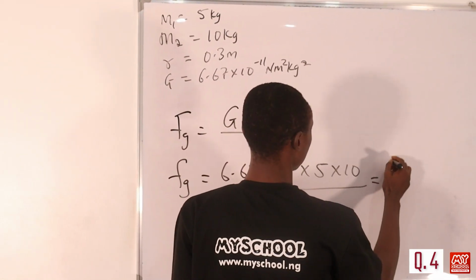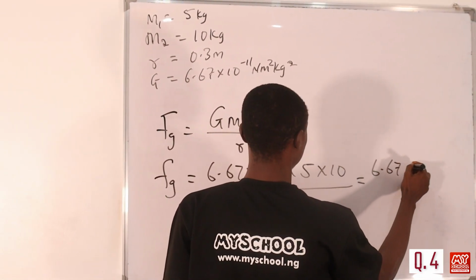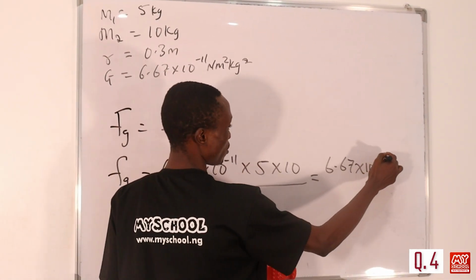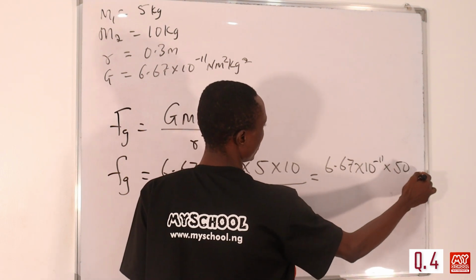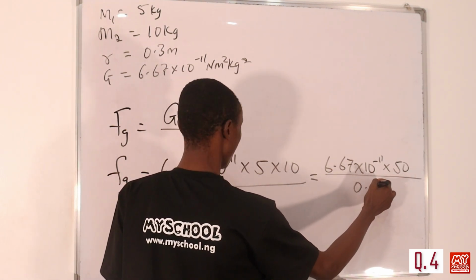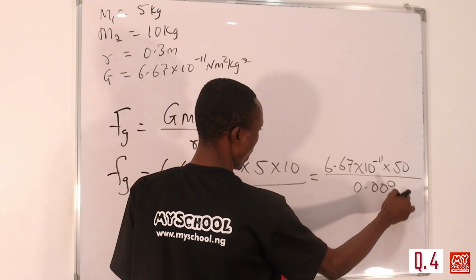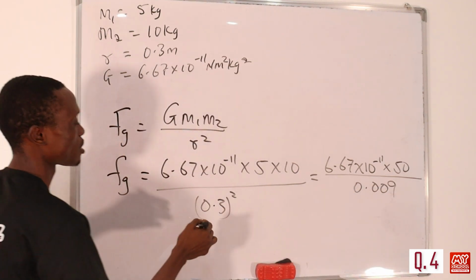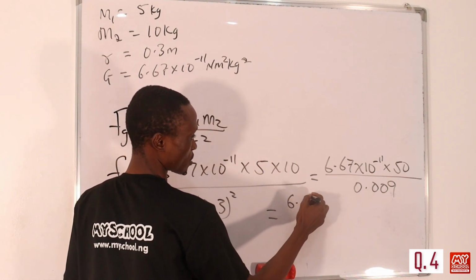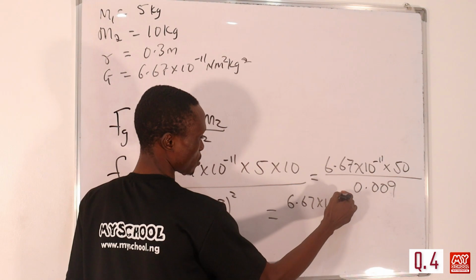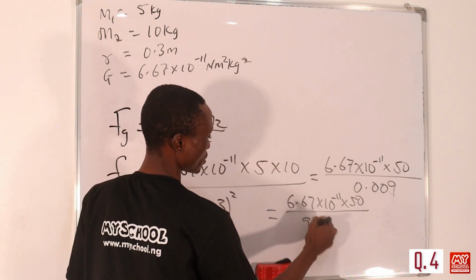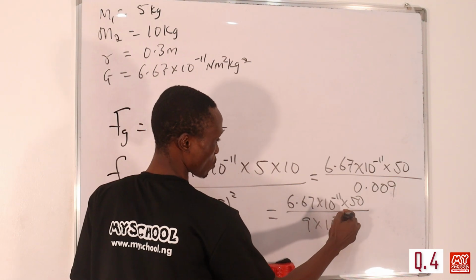So here we'll still have 6.67 times 10 raised to power minus 11, then times 50, divided by 0.09. Okay, this 0.09, we put it in standard form, so that we'll have 6.67 times 10 raised to power minus 11 times 50 all over 9 times 10 raised to power minus 2.